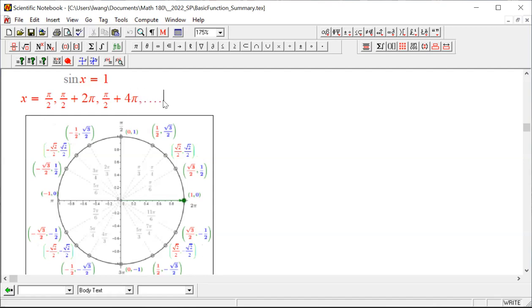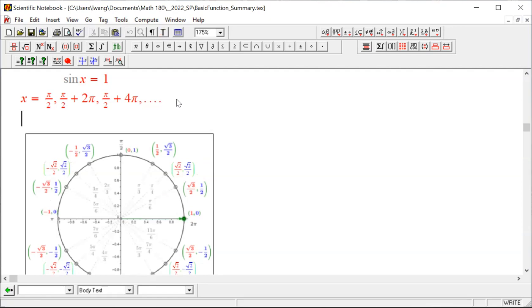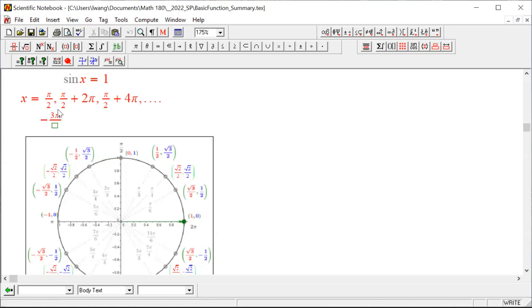And we also talked about there could be negative numbers too, right? What are the negative ones? A clockwise measurement. Negative 3 pi over 2, and negative 3 pi over 2 plus 2 pi, or plus 4 pi. Have we found a pattern?